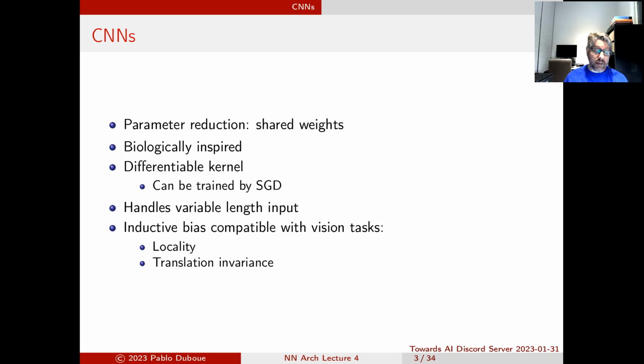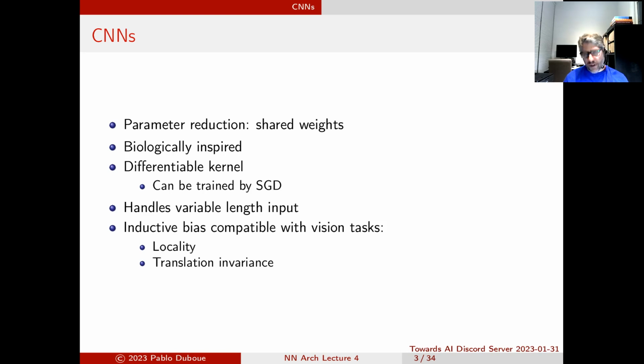One of the advantages is that all the different patches, all these little windows over the image, share the same kernel. Those shared weights can then be trained and make very efficient use of the training data. Also, it means that it handles variable length input. It doesn't matter how big the image is, you could potentially use the same kernel to produce the output.